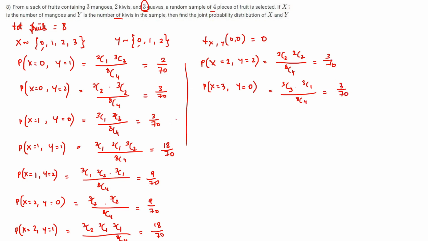Now P of X equal to 3 and Y equal to 1 is nothing but 3C3 into 2C1 divided by 8C4, and that is equal to 2 by 70. Again, P of X equal to 3 and Y equal to 2 is not possible.